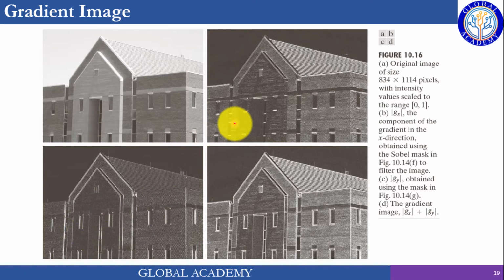By computing an approximate magnitude, we got this image. Approximate in the sense that the original gradient magnitude is the square root of gx squared plus gy squared, but it is computed just by adding the absolute values of both gradients, the gradient along the x-axis and the gradient along the y-axis. So it's an approximation of the magnitude.